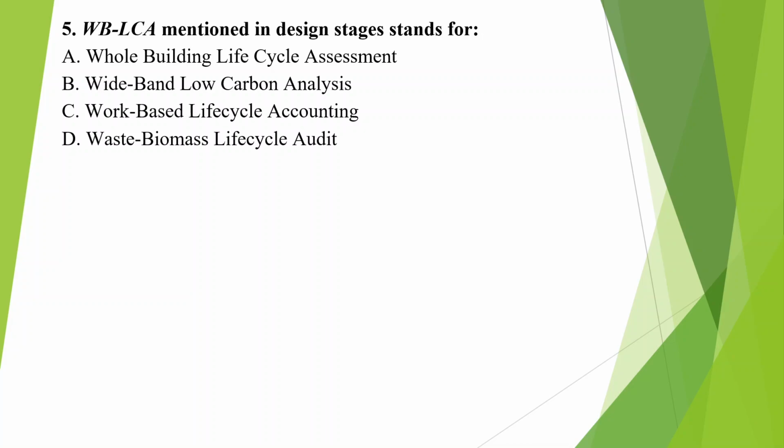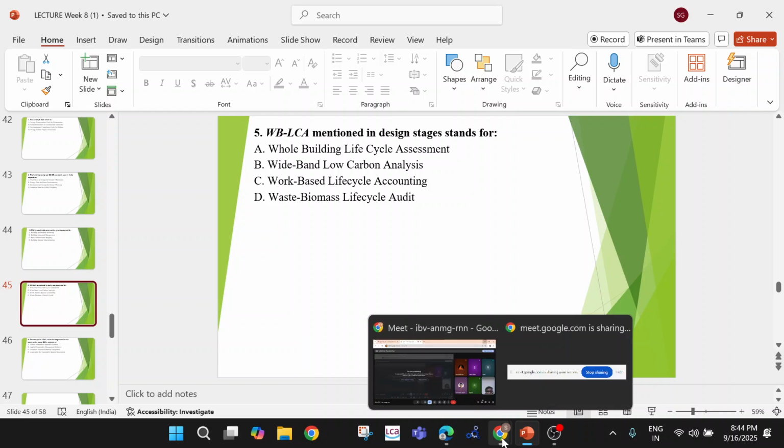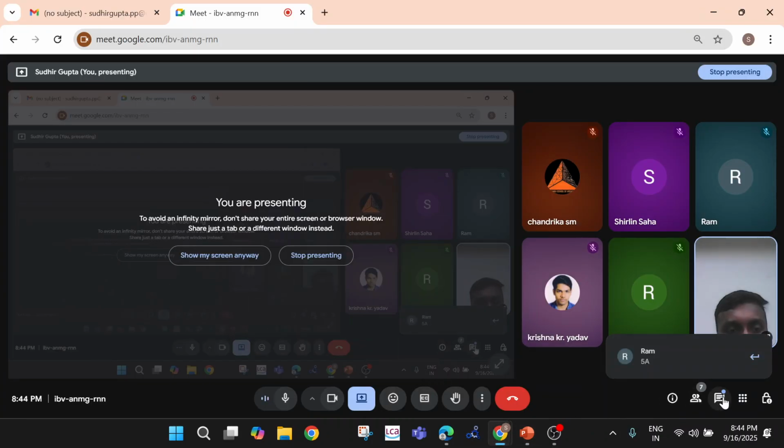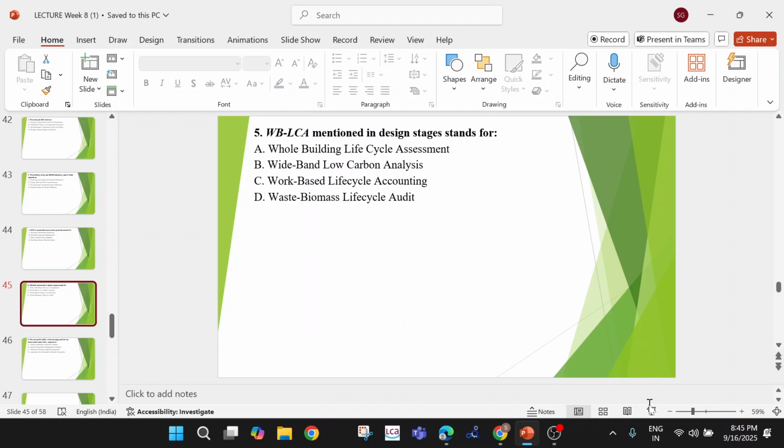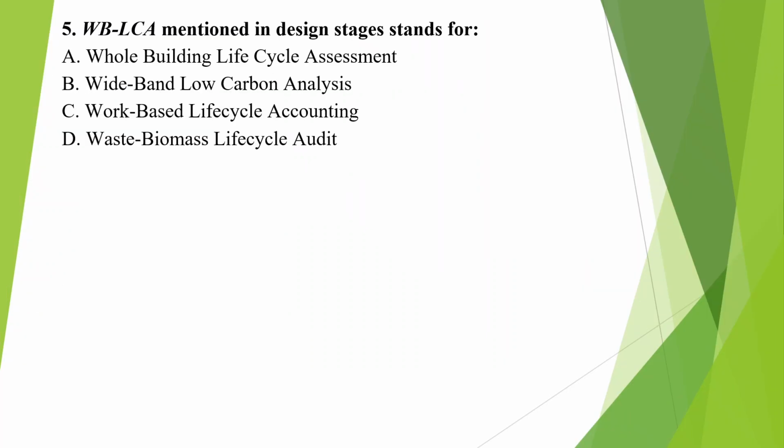Anyone? Fifth was also a very straightforward question. If you know LCA, 5A, 5A, 5A, all of you are going for 5A. 5A is the correct answer for this question.